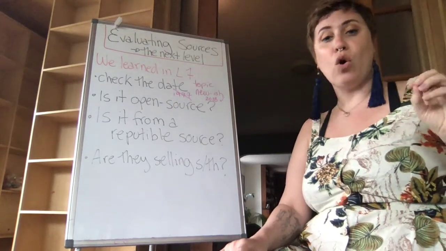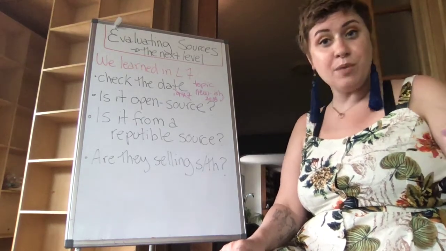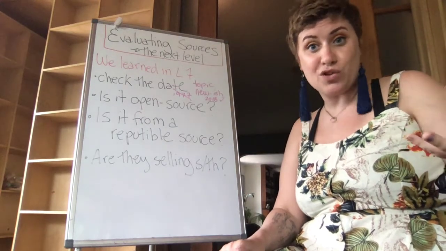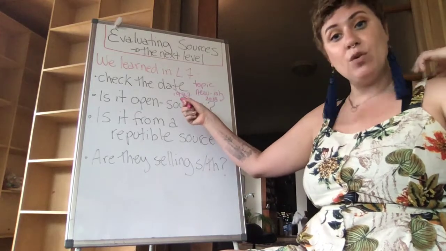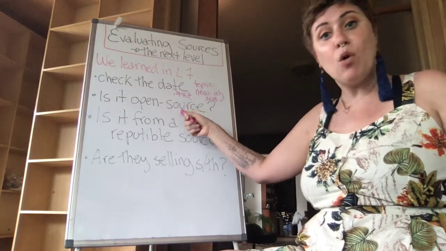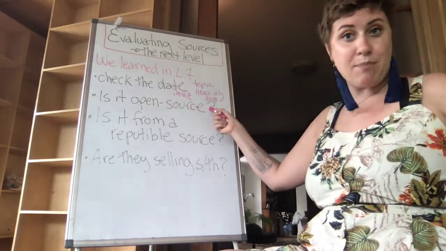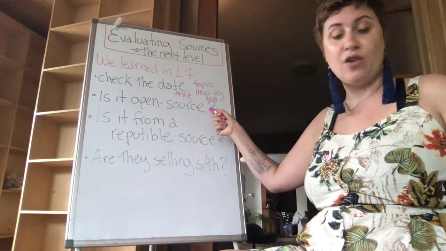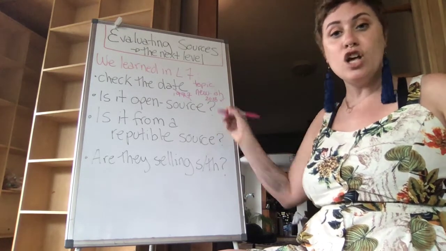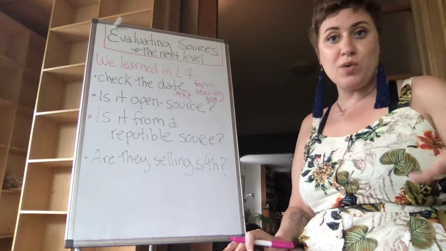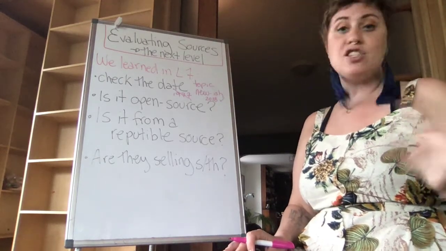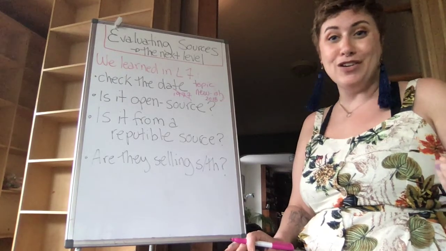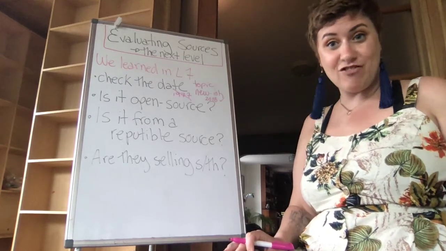So therefore, the date is still important, but you can look at older sources, because you can say, oh, well, in 1977, we thought this about stress, but we were wrong. Now I want to compare it to this research in 2018. So this rule that we taught you in level 7, where only new sources are good, is not always totally true in higher levels. Okay.